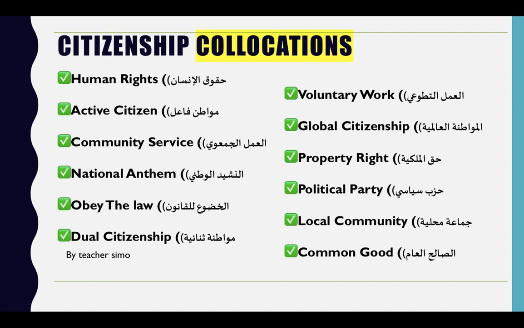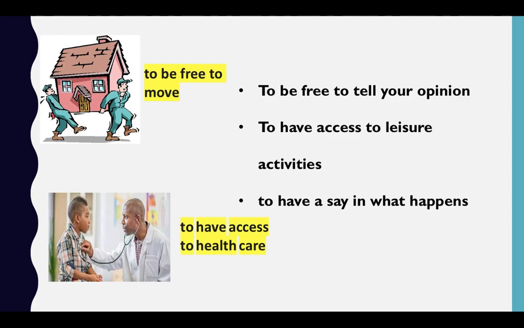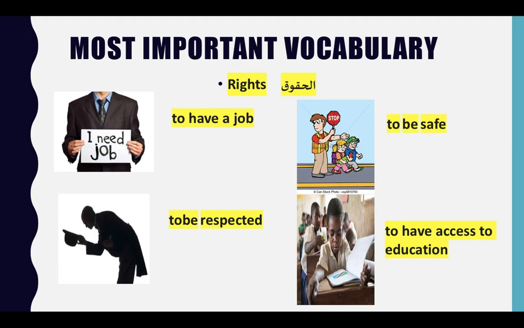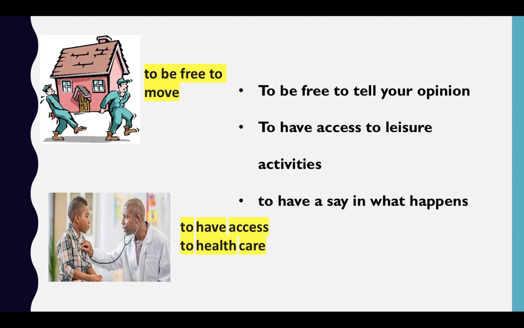Okay, so this is the most important thing that we have in this unit. We have collocations, and we have vocabulary like rights and duties. Rights: to have a job, to be safe, to be respected, to have access to education, to be free to move, to have access to healthcare, to be free to tell your opinion, to have access to leisure activities, to have a say in what happens.